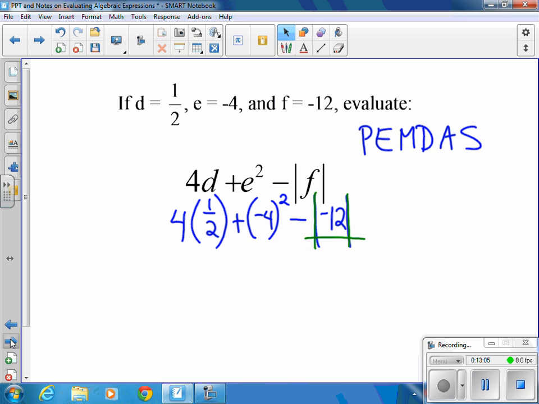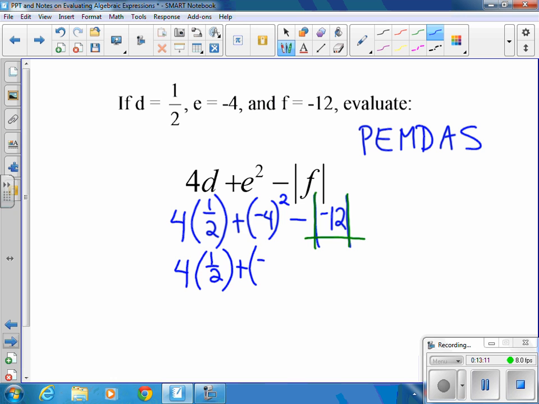So everything else is just getting rewritten. I have 4 parentheses half plus -4 raised to the second power, or -4 squared, minus, now, absolute value of -12. That's 12. So hopefully you put 12 here. Okay, here we go. We're now going to still follow order of operations. We did parentheses or grouping symbols.